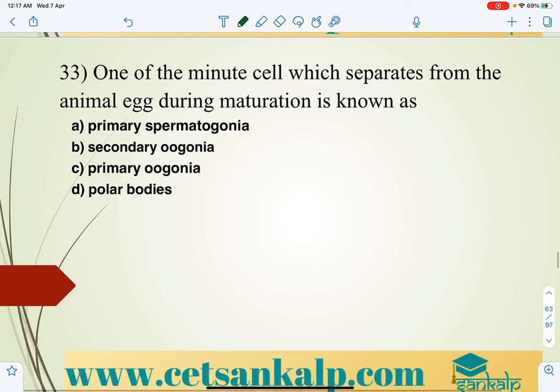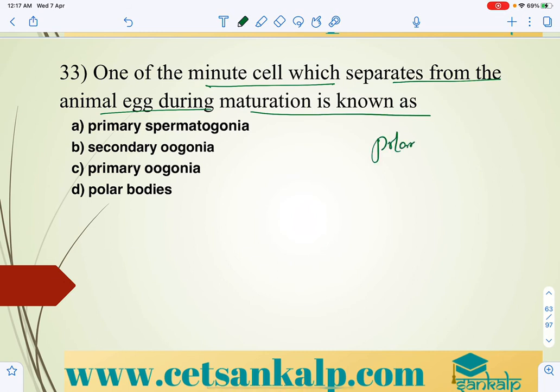One of the minute cells which separates from the animal egg during maturation is known as the polar body. Generally in oogenesis, polar bodies develop.